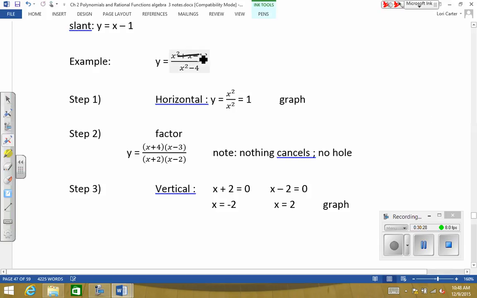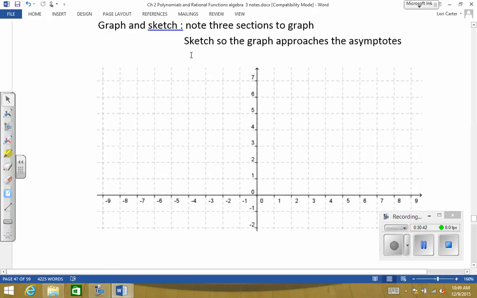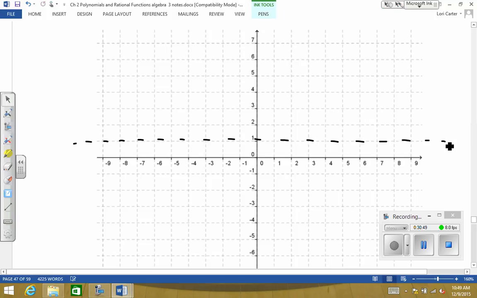These guys are gone. What do I care about in the denominator? X squared. X squared divided by x squared is 1. So you go to your graph and graph your horizontal at 1. Horizontal's done.